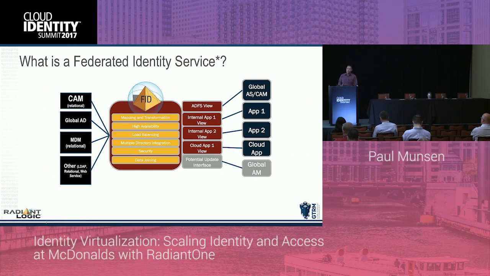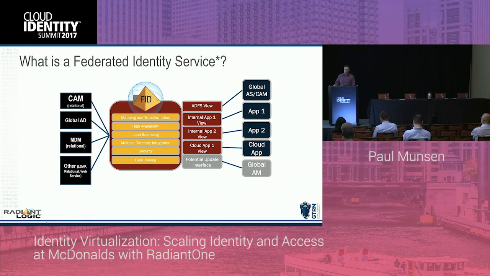Then on the security side, we're able to do more with creating views that are specific to applications. If we have Active Directory, everybody sees everything more or less. I mean, there's stuff you can do with ACLs and permissions, but with Radiant Logic, we're able to build very specific views for our various applications. That could be for ADFS.